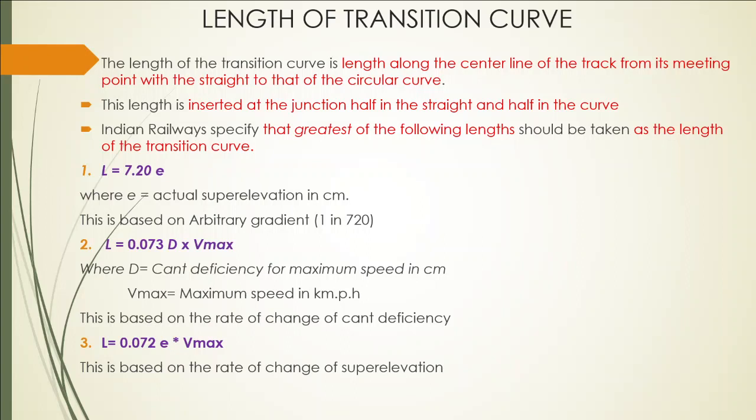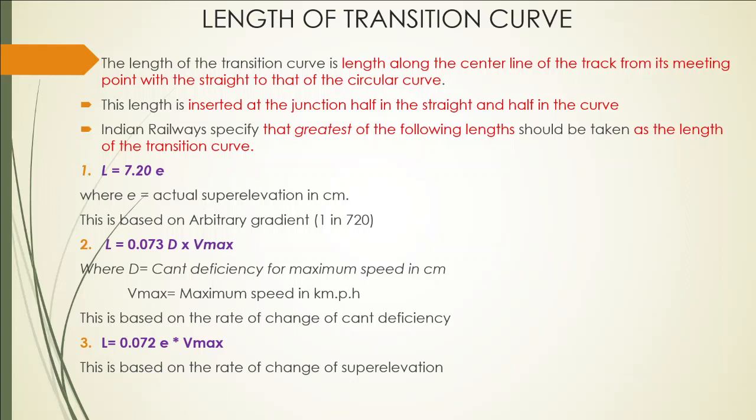So we have seen that the length of the transition curve is along the center line from the starting of the straight to the starting of the circular curve. The distance between the ending of the straight and the starting of the circular curve is nothing but the length of transition curve. This length is inserted at the junction, half in the straight and half in the curve.